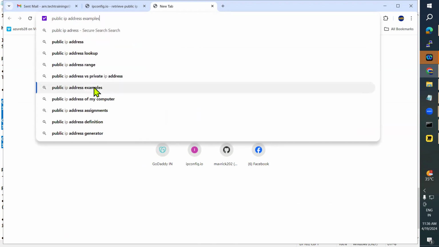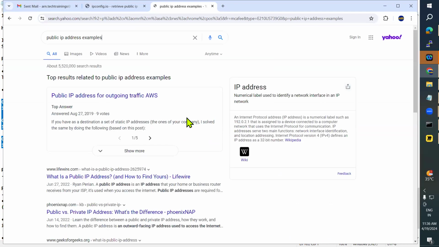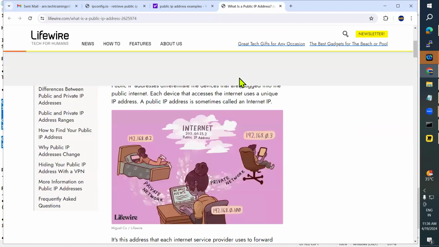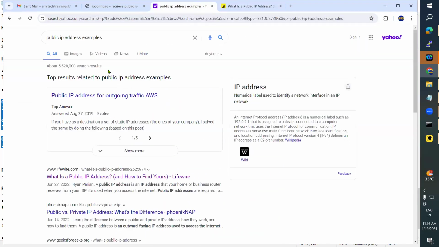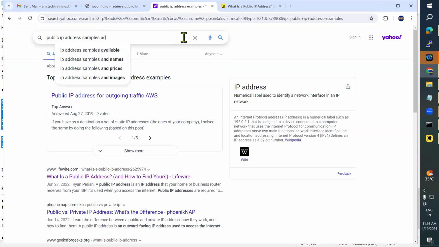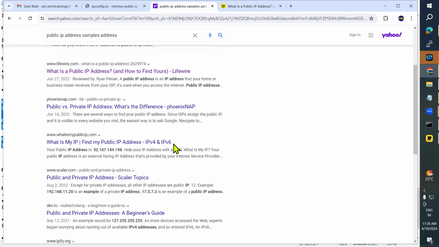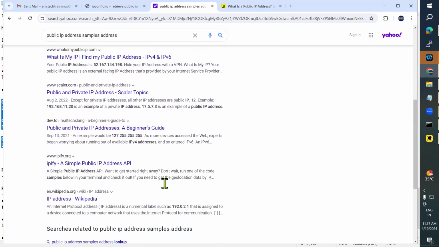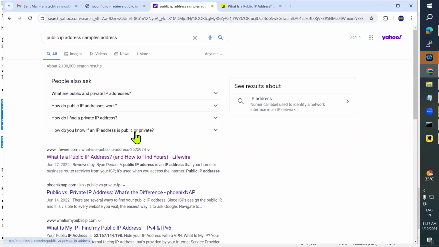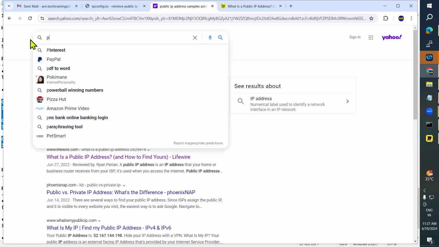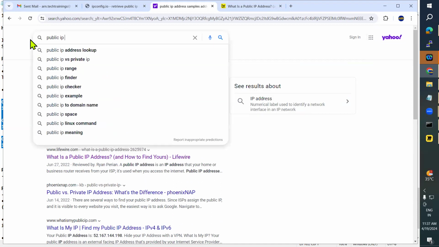One second. Sample public IP addresses list.